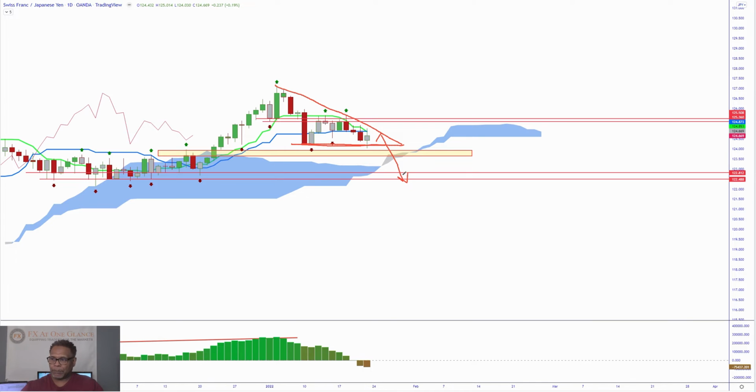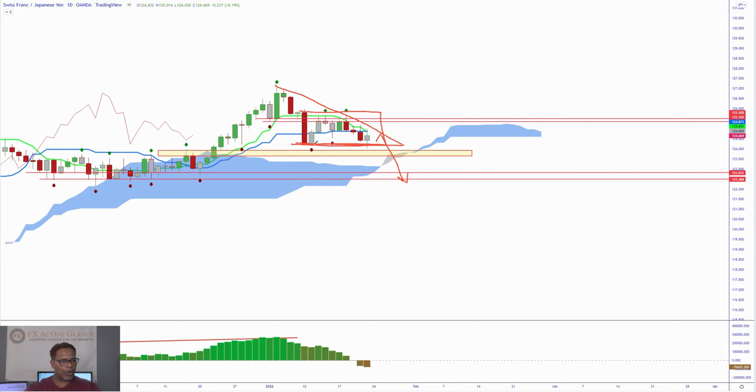But we're inside this mother candle. Until we violate this mother candle, we have no true direction yet, because we're just trading inside of a box. That's what I see right now.